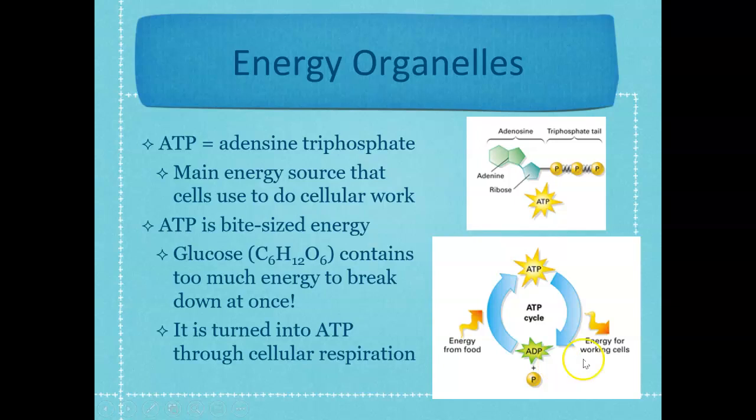I have enough energy for those cells to efficiently do some sort of process: move something across the cell membrane, move something from one place in the cell to somewhere else, or do another chemical reaction that requires a lot of energy to get it to start. And then I consume additional energy in my food breakdown to recreate the ATP. That energy from the food comes from things like glucose, things like sugars.